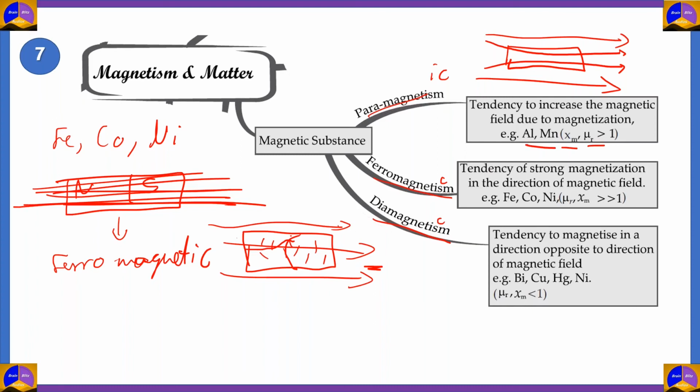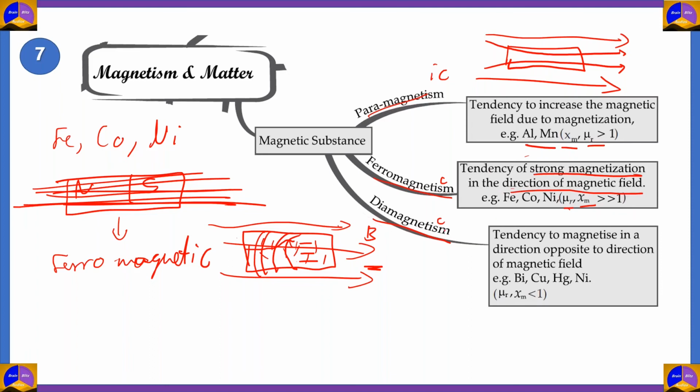As these dipoles become parallel with the magnetic field B, one of the domains will start becoming larger and larger. So therefore, there is a huge increase in the magnetic susceptibility and relative permeability of these materials. Examples of these are Fe, Co, and Ni, and that's why they're used as magnetic materials. And that's why they have the tendency of strong magnetization in the direction of the magnetic field.